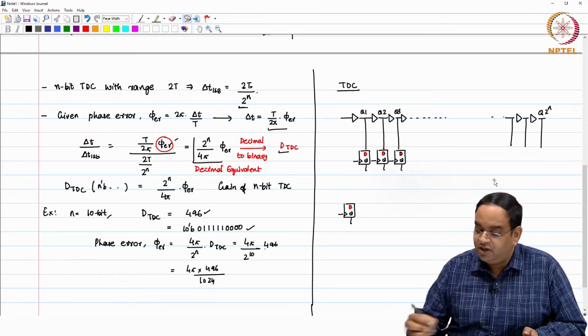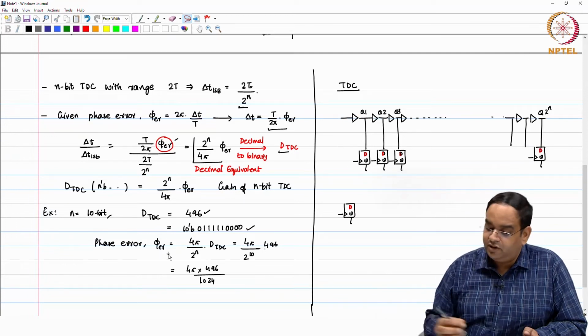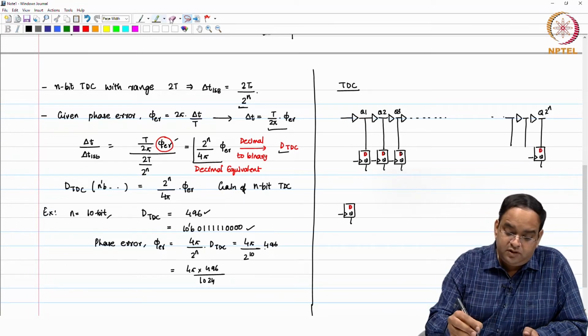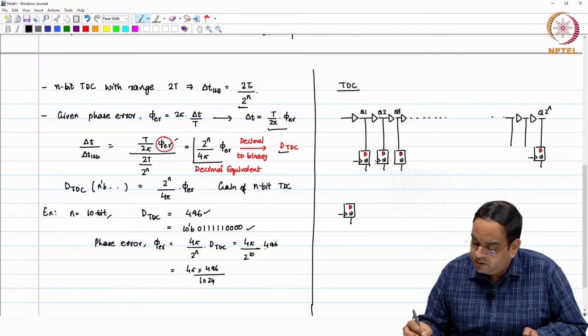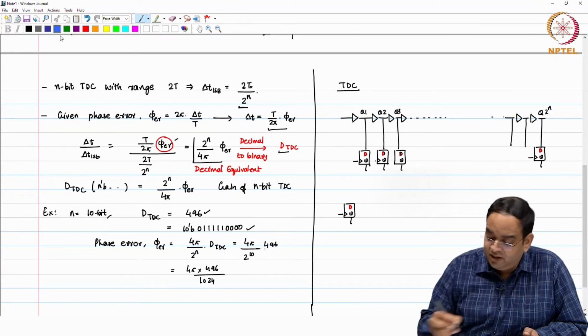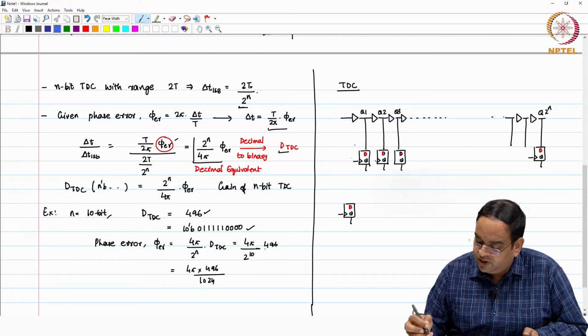Okay, and similarly, you have this in all the cases. So, these are registers which are clocked. I have a clock which connects all of these registers. So, let me just connect this.